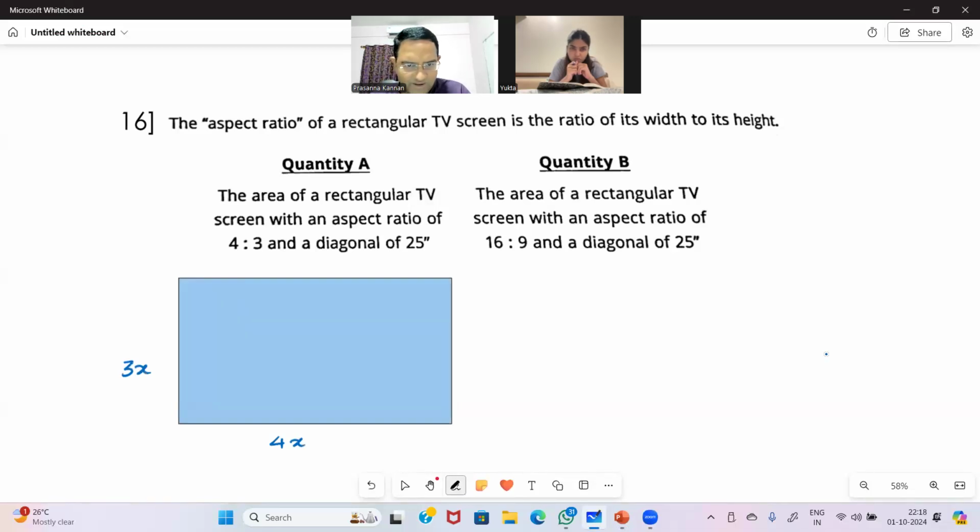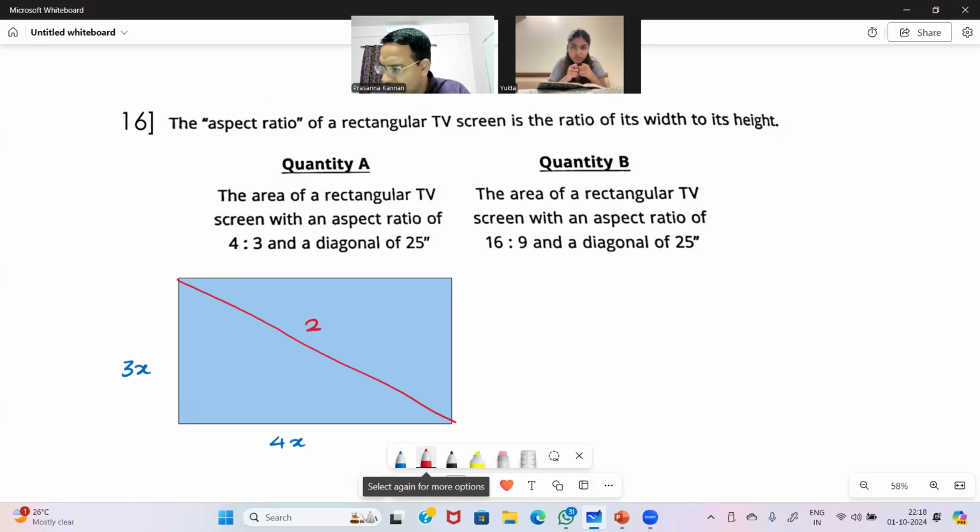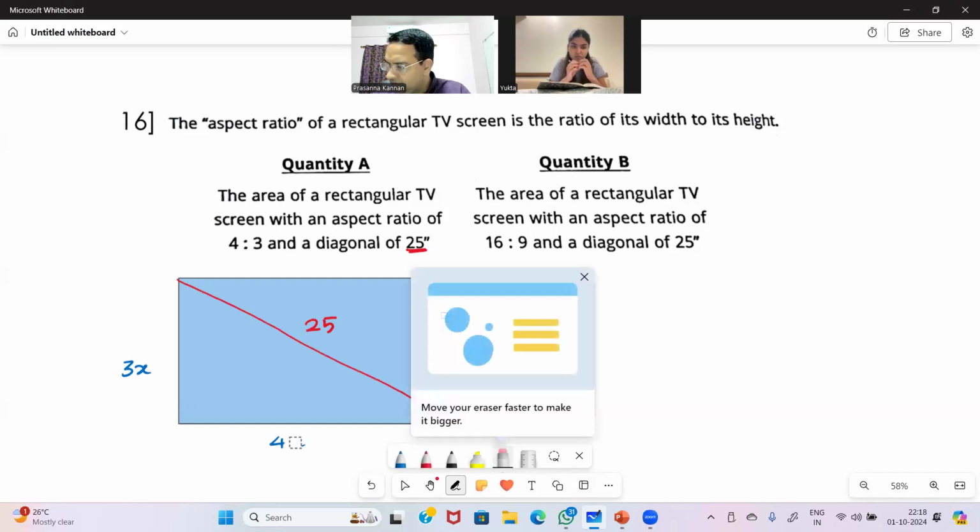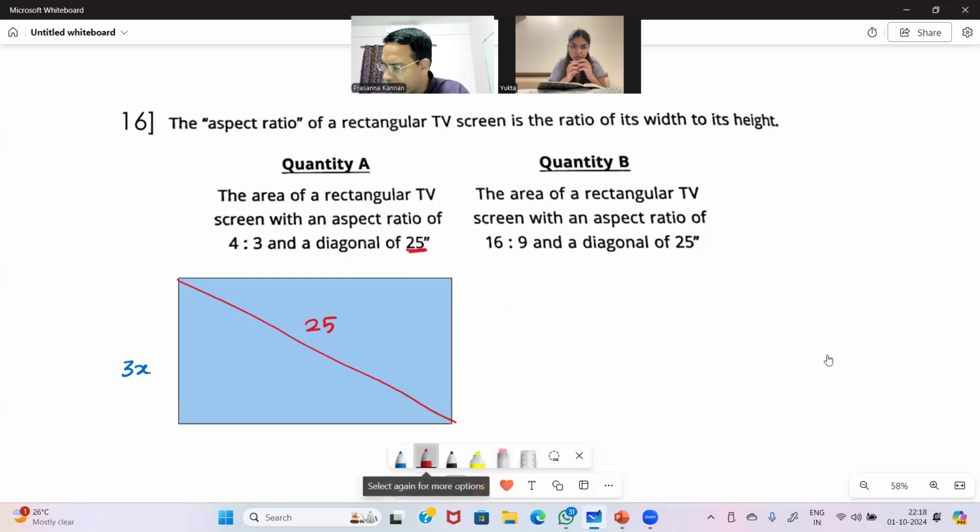So I can write 4x and 3x. And the diagonal is 25 inches, correct? Now, this is a perfect right angle triangle, correct? This will be what? 4 into 5, 20. And this is 3 into 5, 15.